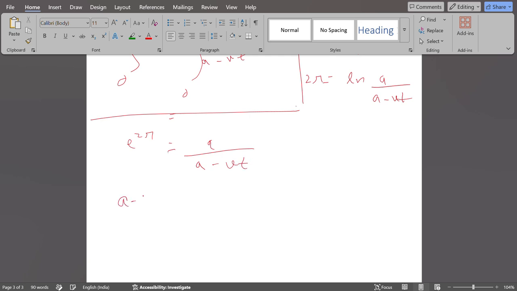A minus vt equals a into e to the power minus 2 pi. And further solving it, t equals a upon v into 1 minus e to the power minus 2 pi.